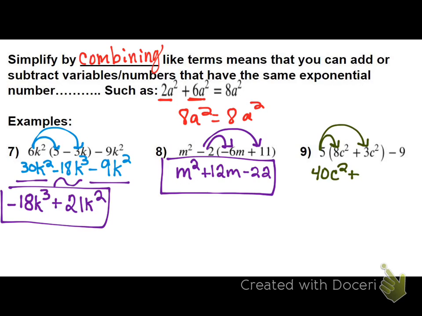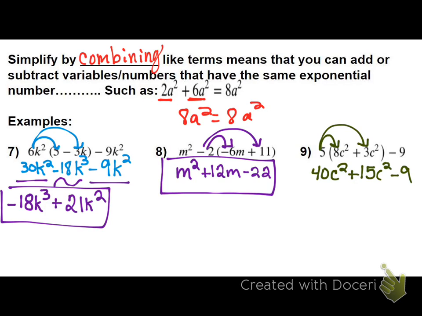Okay. Dylan, what's the next number? 5 times 3, which equals 15. And then, can I distribute, does this 5 distribute to that negative 9? No. Why not? Correct, good. So then I just bring that negative 9 down.